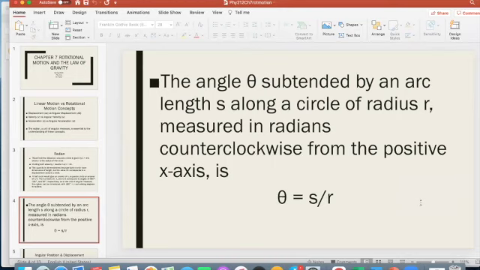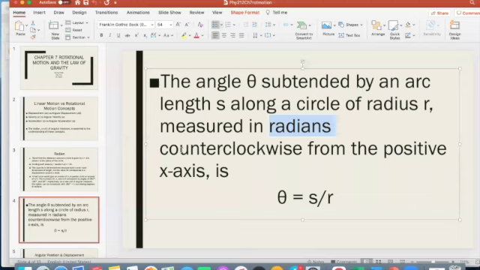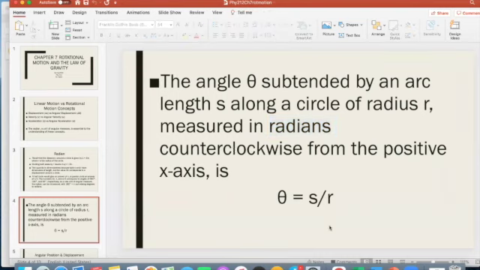The angle theta, subtended by the arc of length s around the circle of radius r, is measured in radians, in the counterclockwise direction, going this way from the positive x-axis. So our angle theta is going to be the distance around the circle divided by the radius of that circle.